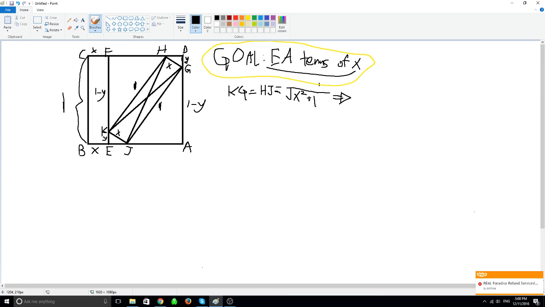Because we know this, we have HG squared plus HK squared equals KG squared. So that means 1 plus x squared equals KG squared. And then obviously KG equals the square root of x squared plus 1. So that's kind of a proof right here. So that's step 1.